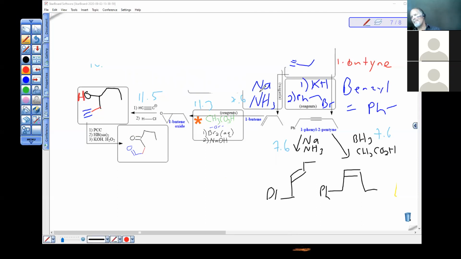I'm not going to do sodium ammonia again because we did that one, but we can tackle everything along here and do that on the next page. There's the next one. I guess this is the last page. We might have the same thing twice. So let's get rid of some stuff we don't need. I'm going to start with the 1-butene.